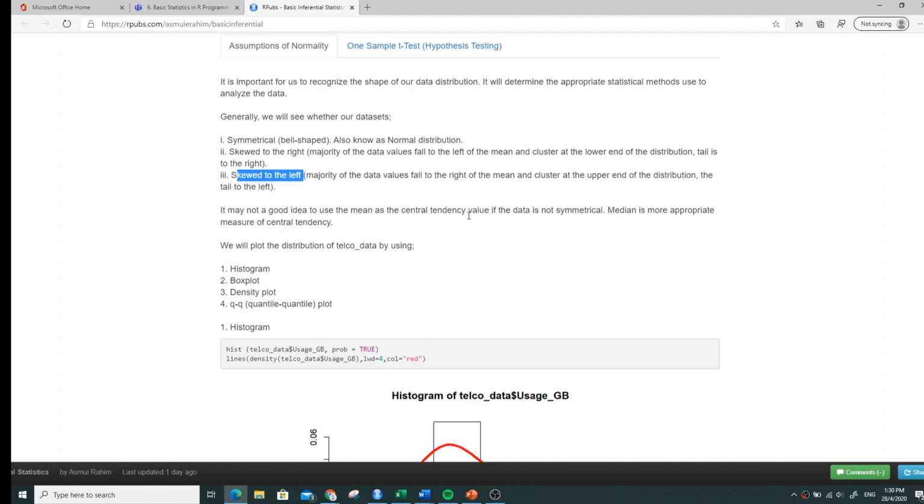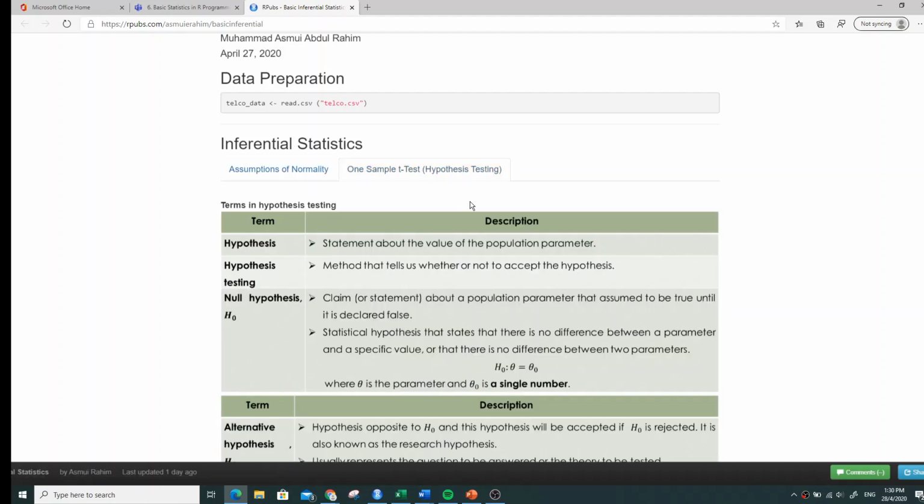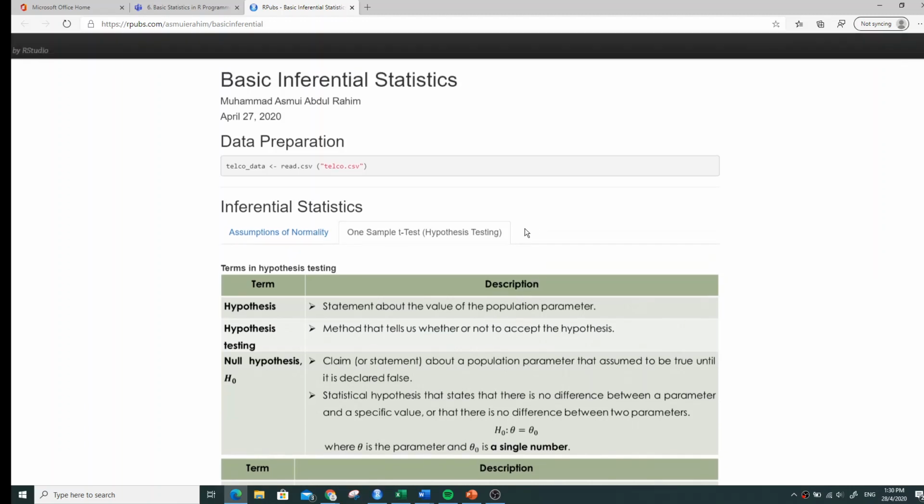So let's take a look at another discussion, which is hypothesis testing. For this particular topic, I only discuss one-sample t-test. There is actually quite a lot more statistics that R can produce, and sometimes you might need another library or package to perform the statistical test.